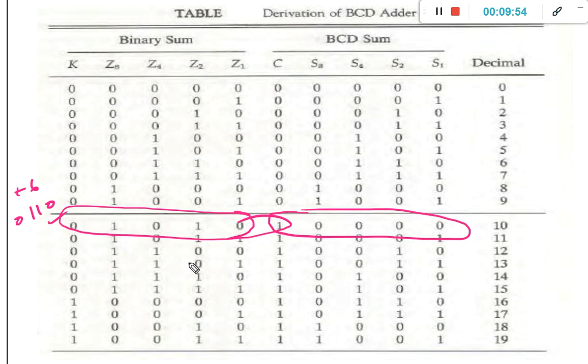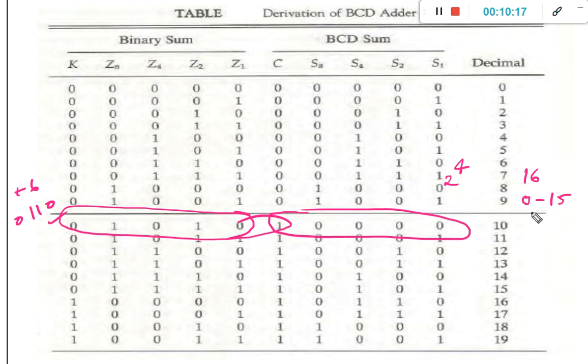Why should we add plus 6 only? Because we can represent using 4 digits. We can represent 2 power 4 different combinations. 2 power 4 means 16 different combinations, that is from 0 to 15.